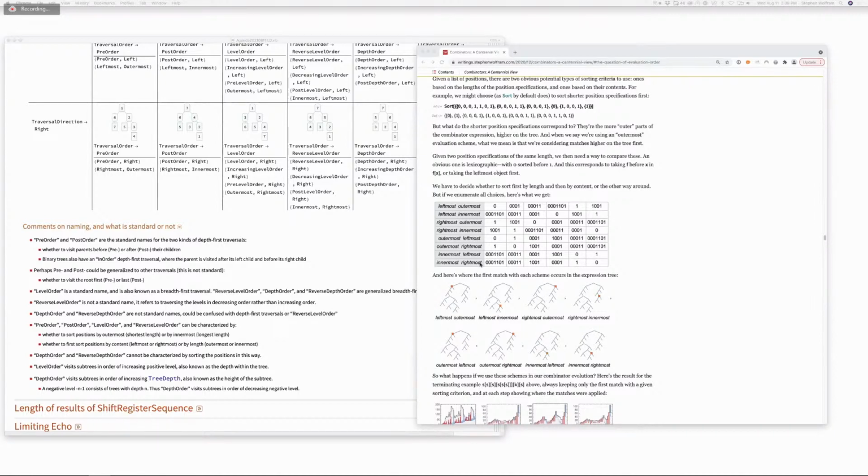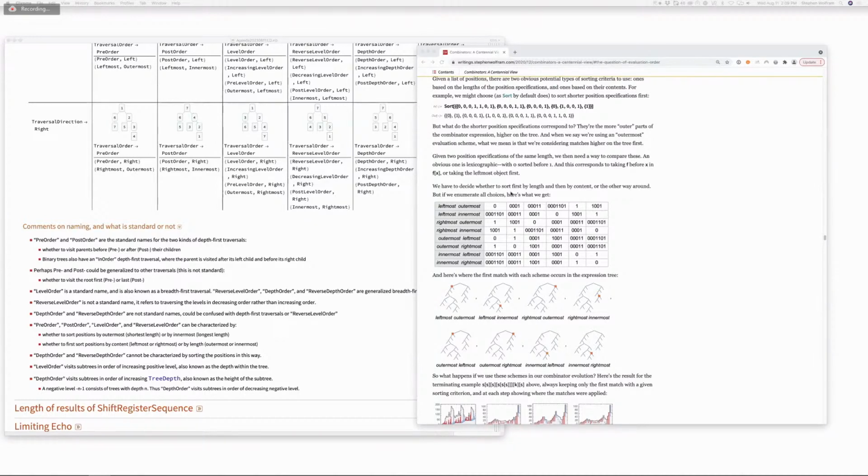Okay, explain. The ones I'm talking about are depth order and reverse depth order. So there you need to actually know the structure of the tree. You can't just look at the position. Okay. Explain why. From a position, you can't tell what the depth of the subtree is. Why not?